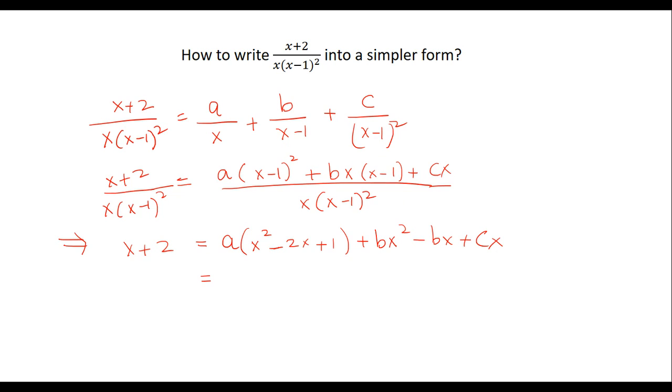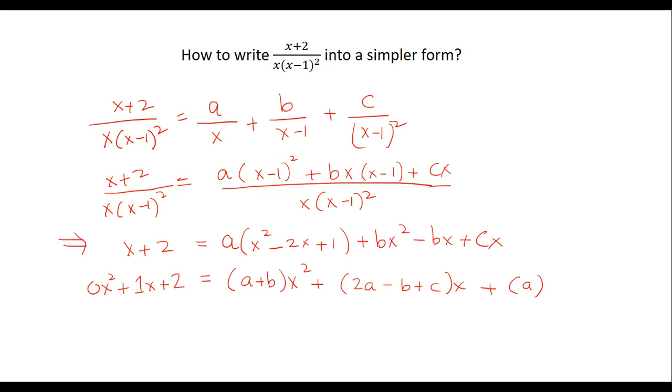Once you have this, my coefficient for x squared is this, and my coefficient for x is basically this, and my coefficient for my constant is just A. I put it like this just for you to see how I put the same corresponding coefficients.